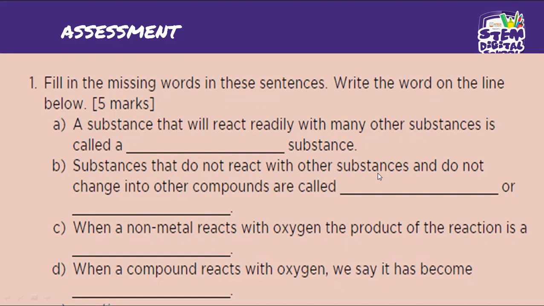So it means you need to supply two answers there. Okay, and C, when a non-metal reacts with oxygen, the product of the reaction is, all right. And D, when a compound reacts with oxygen, we say it has become, yes, for D, all right.